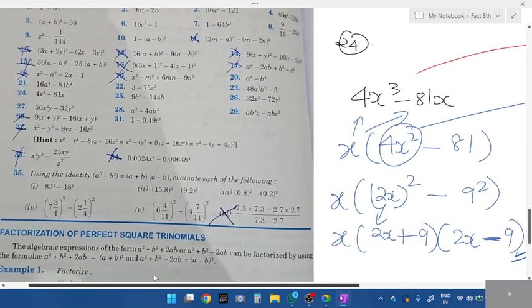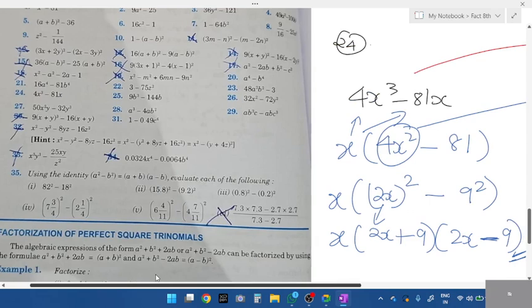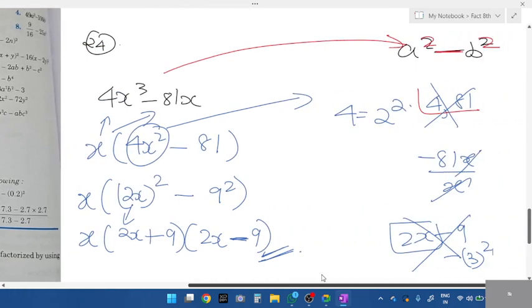Just a minute. Which question is this? 24. Okay. Try the same kind of question. 25. All of you try. After this, try the 25th question. So if it is not in the form of a square minus b square, use regular calculation. Then convert into a square minus b square.